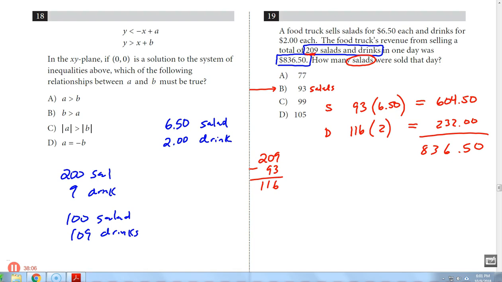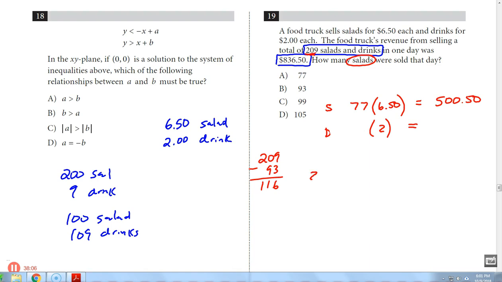If I would have tried another number, for instance, let's just say I do what a lot of people do, and I started right off and tried A, because that's what most kids do. If I try A and I did 77 salads, that would be 77 times $6.50, which would have been $500.50.